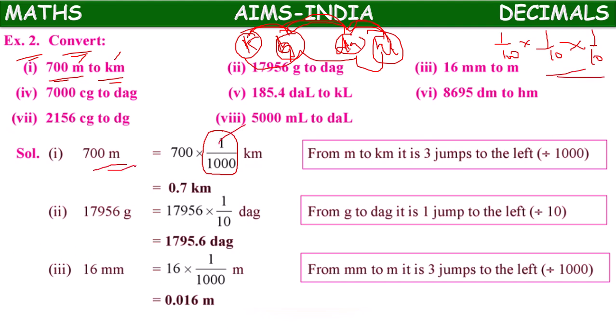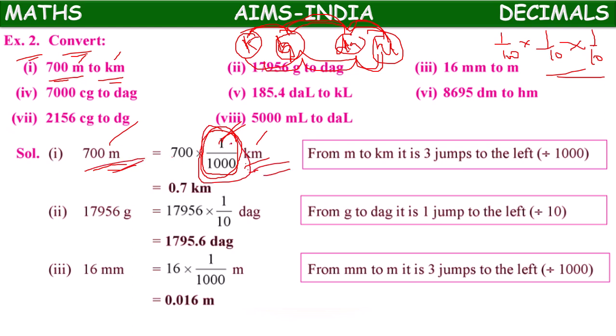So meter can be converted into kilometer if we keep 1 by 1000 in front of it. We can keep the value and change meter into kilometer.